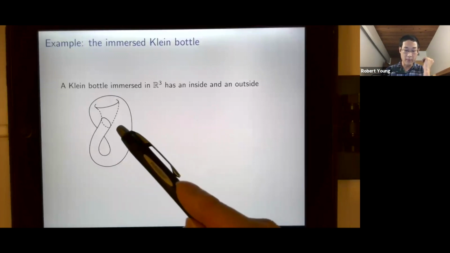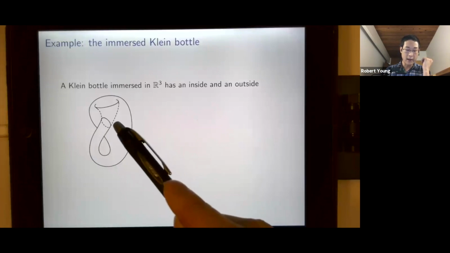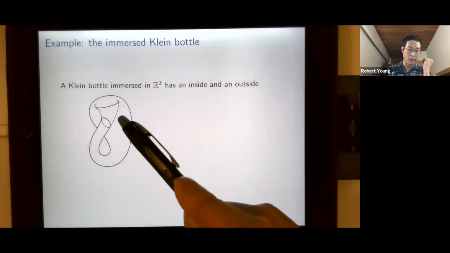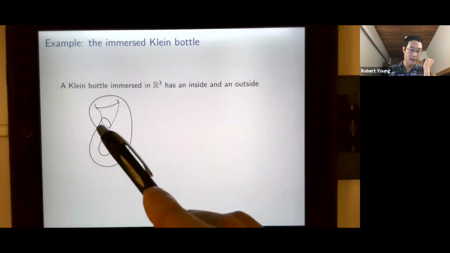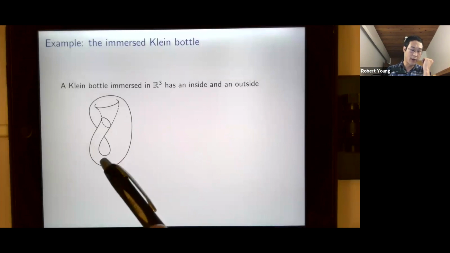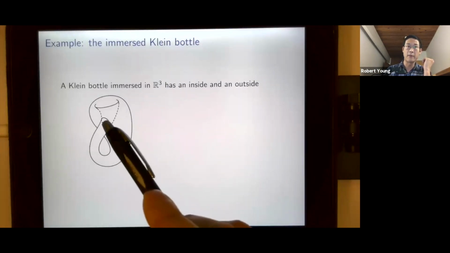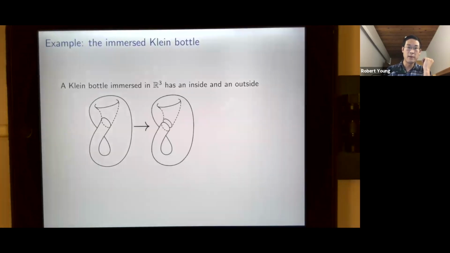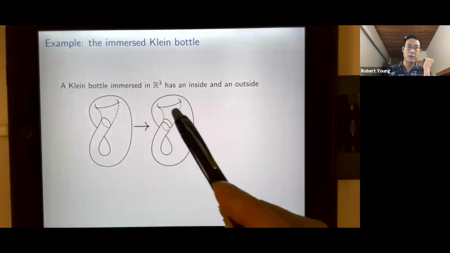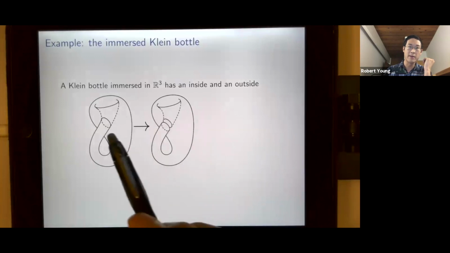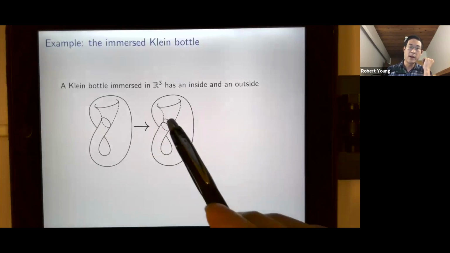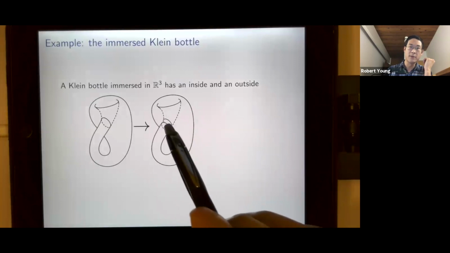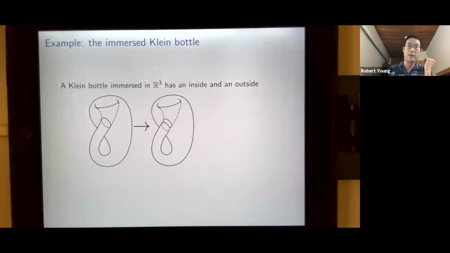If you imagine a fly inside the bulb, it can't fly out that way because the bulb is in the way, and it can't fly out through the neck because of the self-intersection, because if you go out the neck, you're just going to run into the outside of the bulb. So the inside of the immersed Klein bottle is a shape that looks like this. We have this solid torus region in the bulb, and then you have a projection out into the neck, but that's capped off right here where it runs into the outside of the bulb.